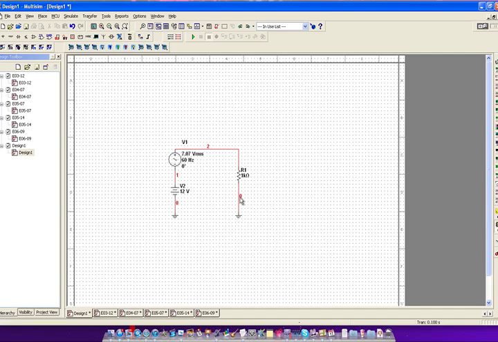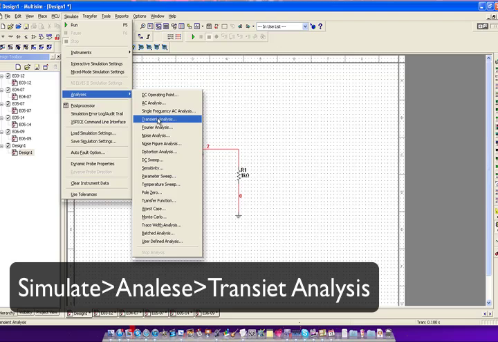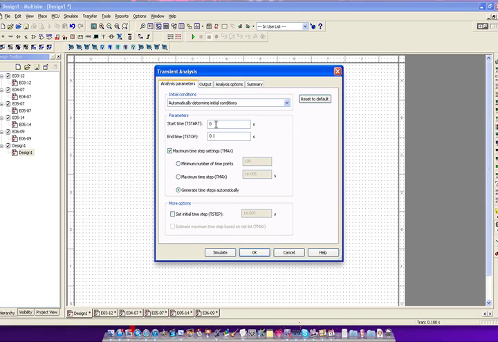This is of course 0 because it is grounded, so we just want V2, the voltage at point 2. Now we go from Simulate, Analysis, then Transient Analysis. Here we specify the time to start and time to end. Let's take it up to 5% of a second. Then we click on Simulate.